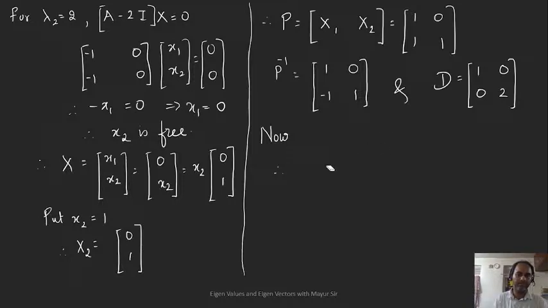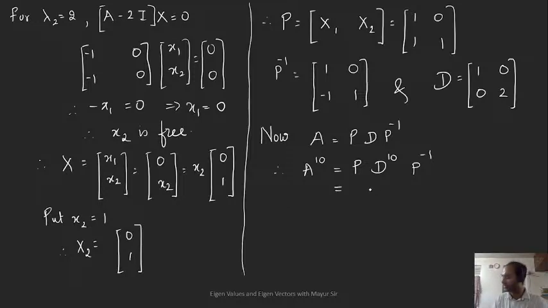A is equal to P D P inverse. Therefore, A raised to 10 is P D raised to 10 P inverse.